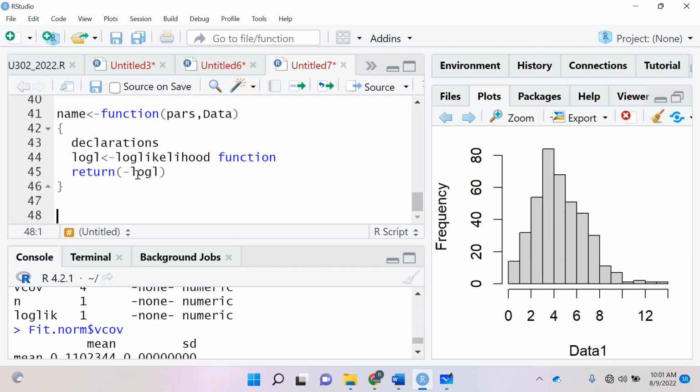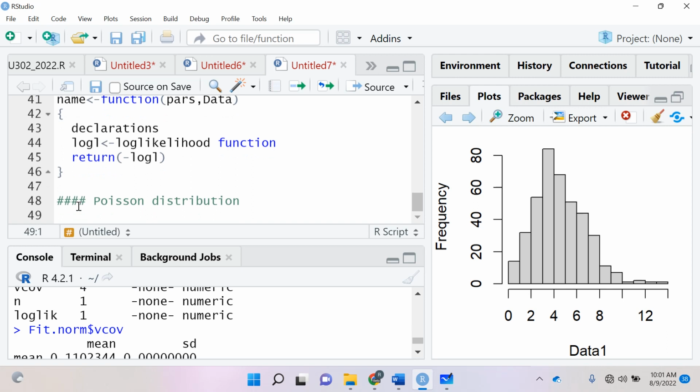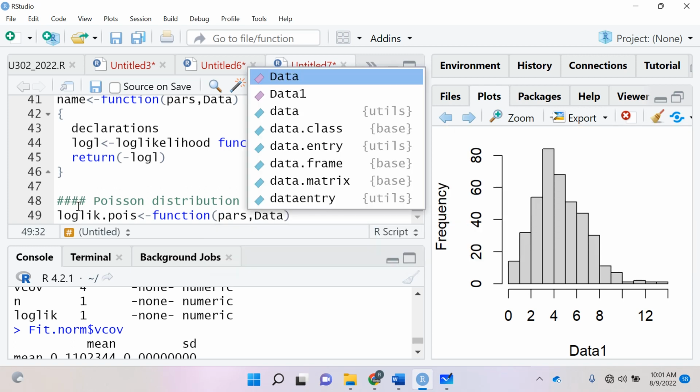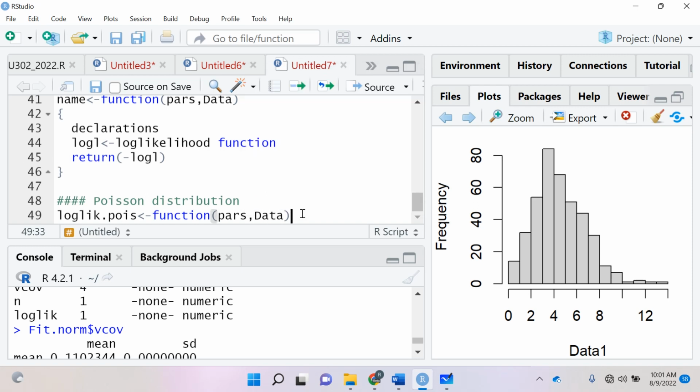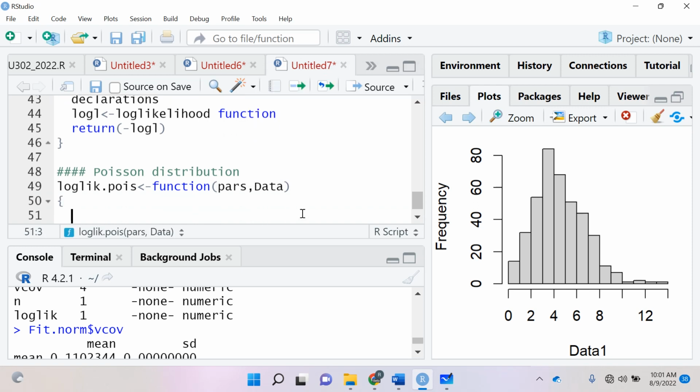So for the Poisson distribution, our function will be maybe log.poisson. Remember, we said it should take the parameter and the data. In this case, the parameter will be lambda and data. So what are the declarations?